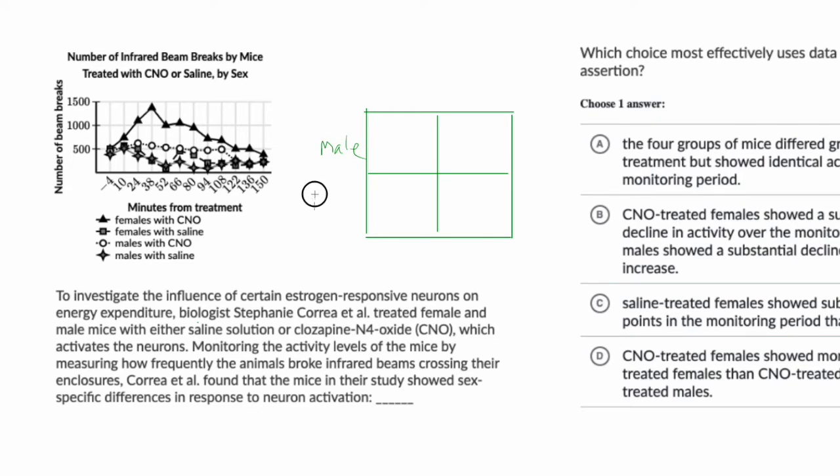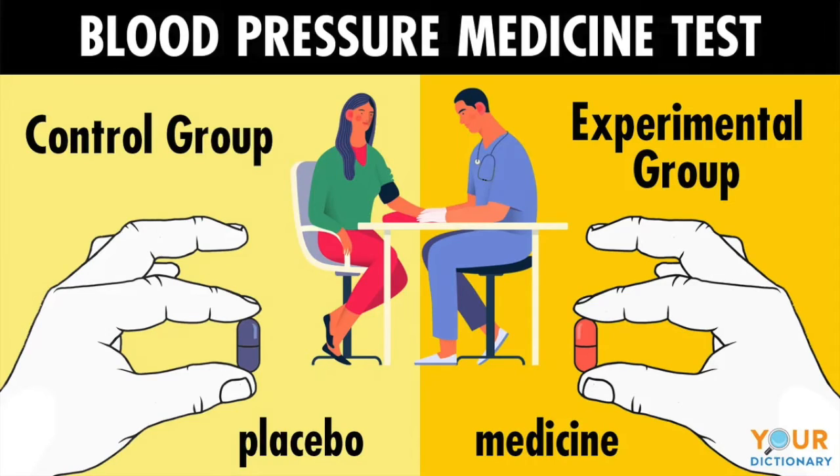So we've got males and females, and then we've got saline and CNO. But again, this is the control group. It's kind of like if you're testing out a new medication, you want to see how well it helps treat headaches. Maybe you give 50 people, probably more than 50, a placebo and 50 people the medication, and then you don't tell them which is which.